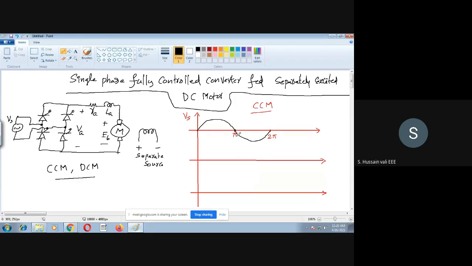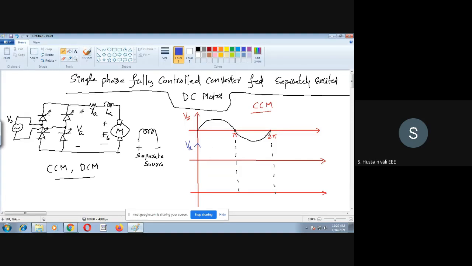Now we will draw the waveform for VA. So what is the waveform for VA? We'll see now. VA is nothing but the output voltage of the converter.